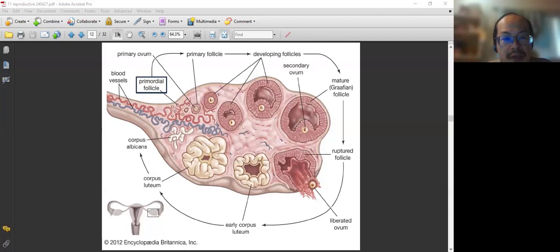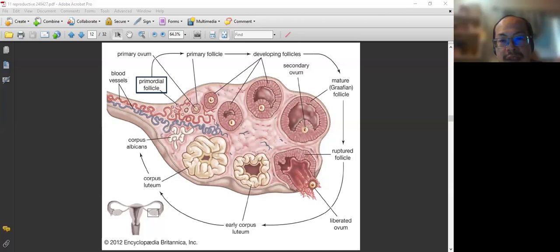So what is a follicle? So here is a follicle. Maybe this is too small, but let's look at this one, this one, this one. What you can see is that this follicle is a group of cells, and all of them circle around a center, around the cell that is the oocyte right here.